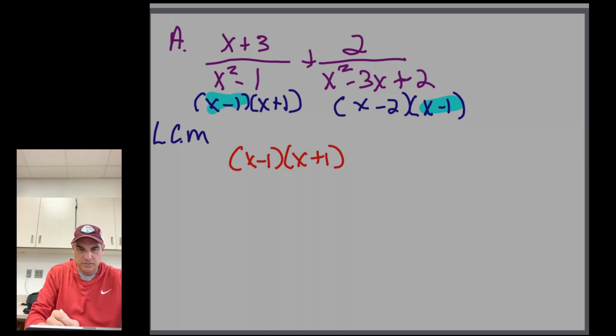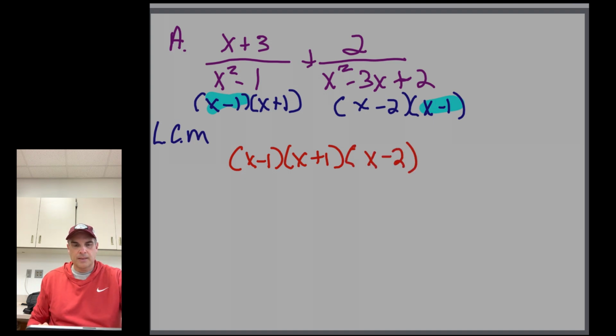It's already written down. So the only additional thing I have to put in here now is x minus 2. So that's my least common multiple, and that's going to become my common denominator: x minus 1, x plus 1, x minus 2.